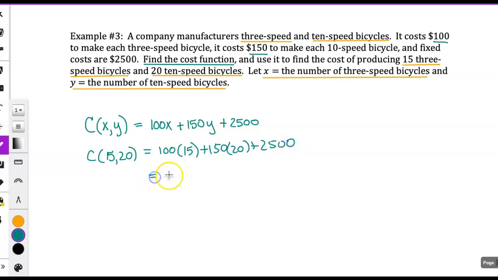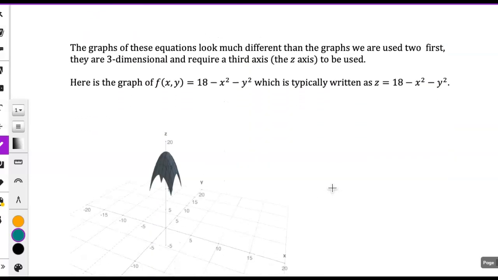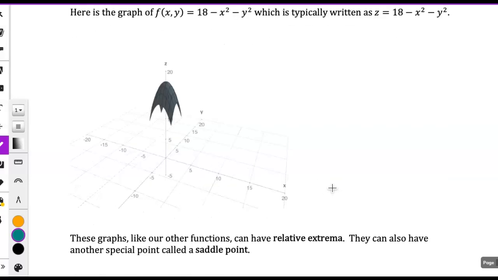That ends up being 1,500 plus 3,000 plus 2,500. If you add that up, to make 15 3-speeds and 20 10-speeds, it would cost the company $7,000. So that's one of the things that you have to be able to do. There are some practice problems coming up.